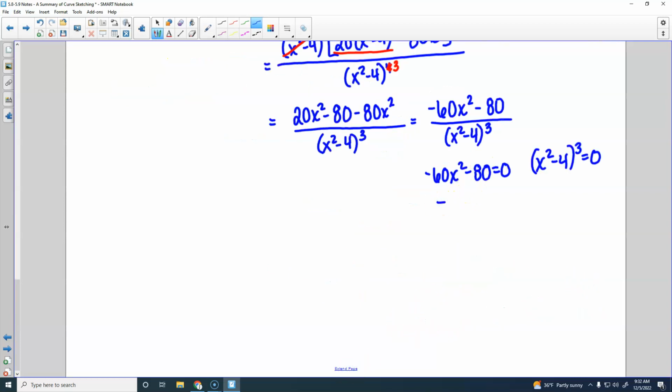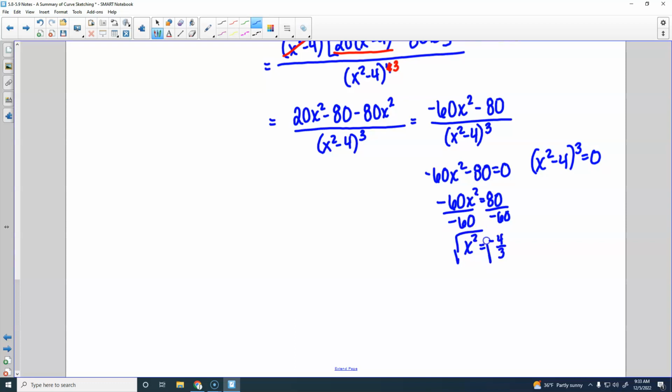And so over here, negative 60x squared would equal 80. Then divide by negative 60, and x squared is going to be negative 4/3.